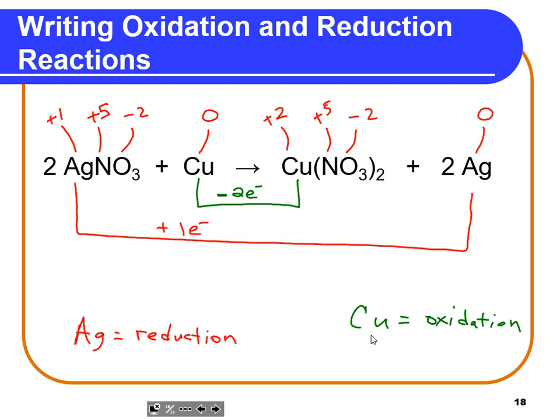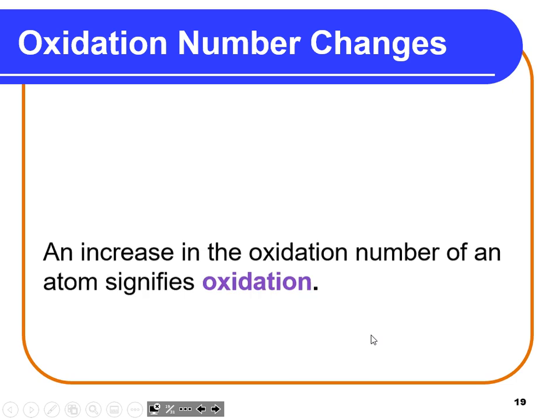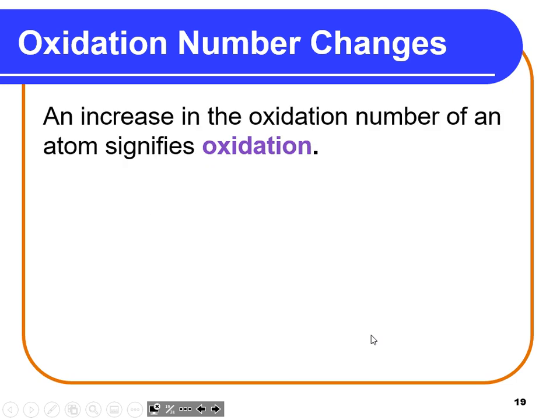Remember, Leo Ger. Leo the lion goes Ger. Oxidation and reduction. Now the oxidation number changes, okay? An increase in the oxidation number is going to signify oxidation.